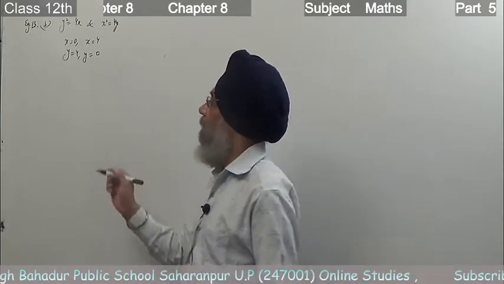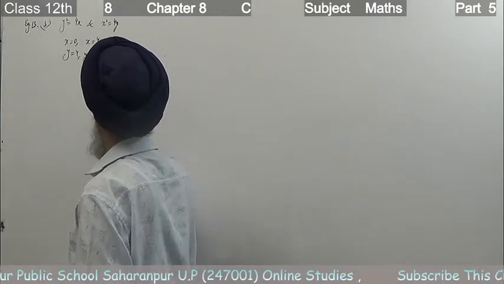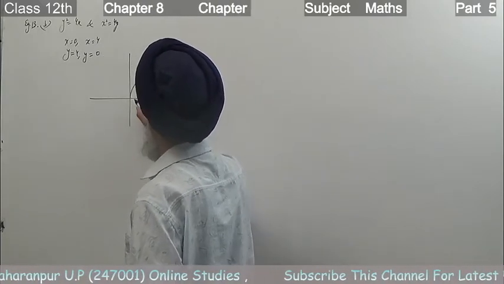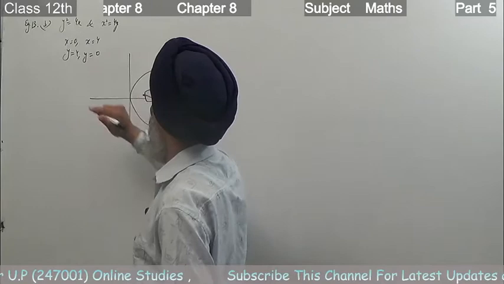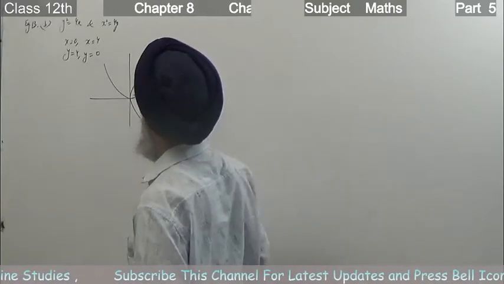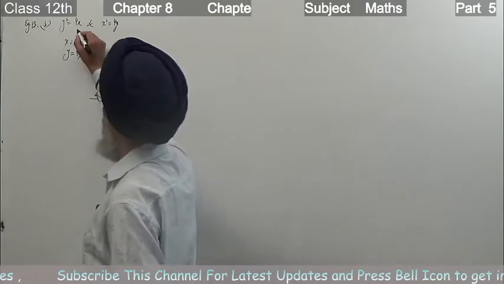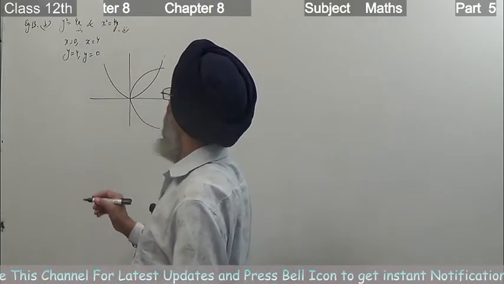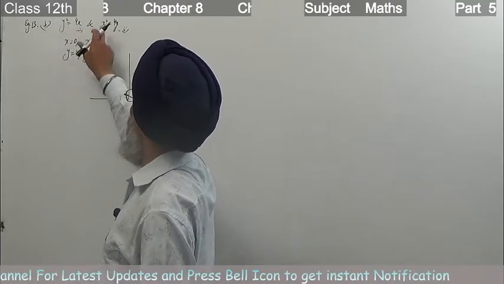forms a square. So, if we draw a graph here, that is y square is 4x, x square is 4y. Okay? Solving the first and second, we place the value of x as y square upon 4 in this.